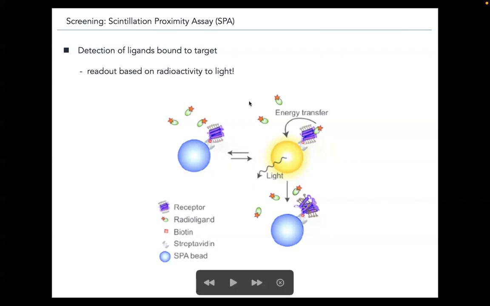And so you flood it with a bunch of molecules or a particular molecule, and then you shine light on it, and you see whether or not they glow. That glow comes from an energy transfer from a radiolabeled ligand or molecule to the SPA bead, and at that point, oftentimes those beads are even magnetic. You can pull them directly out of the solution, and you can identify what molecule bound, for example.